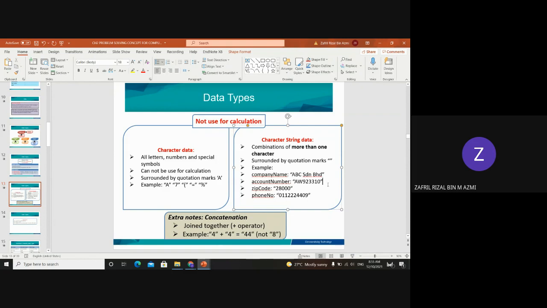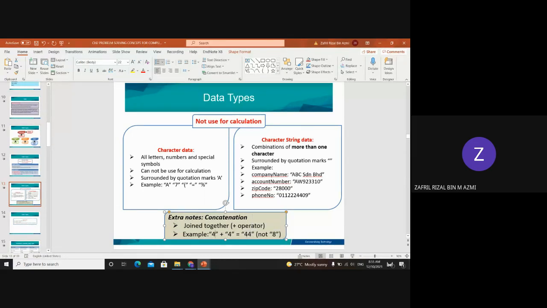So over here, concatenation is some kind of mathematical operation involving a string value. As given over here, for example, we have 4 plus 4 that we declare as a character. So character 4 plus character 4 will give you a character output, not a numeric output.